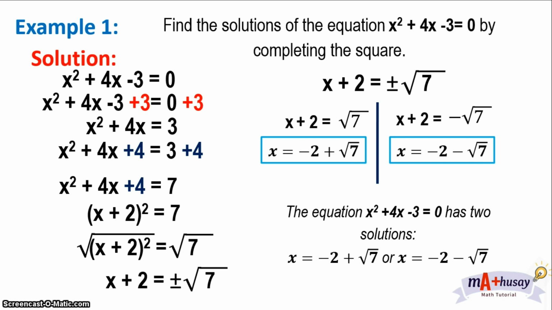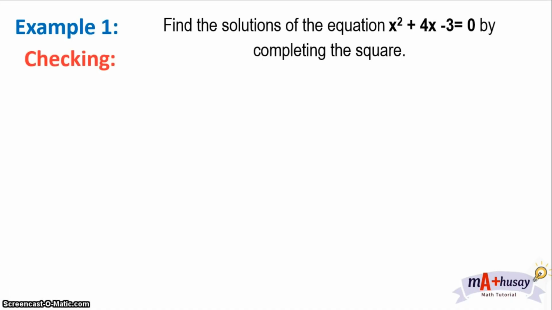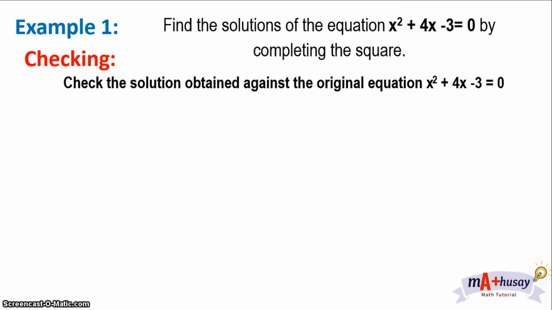So, we will now check whether these solutions hold true. Check the solutions obtained against the original equation x squared plus 4x minus 3 equals 0.